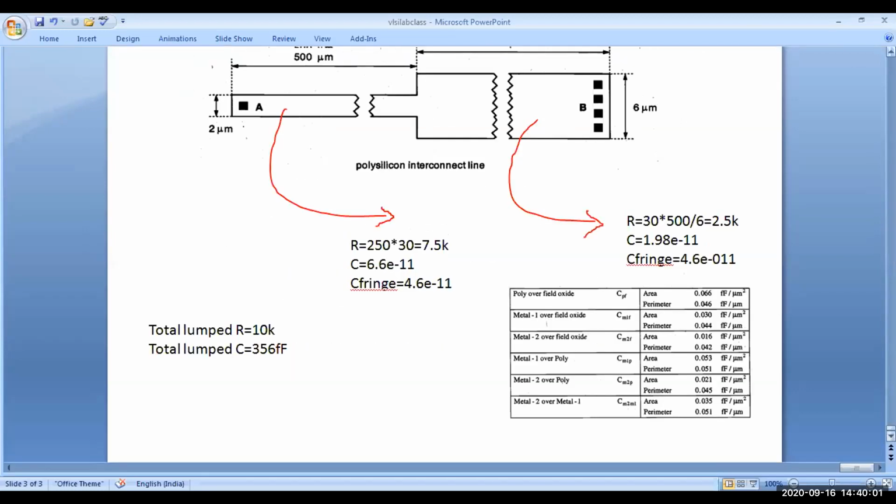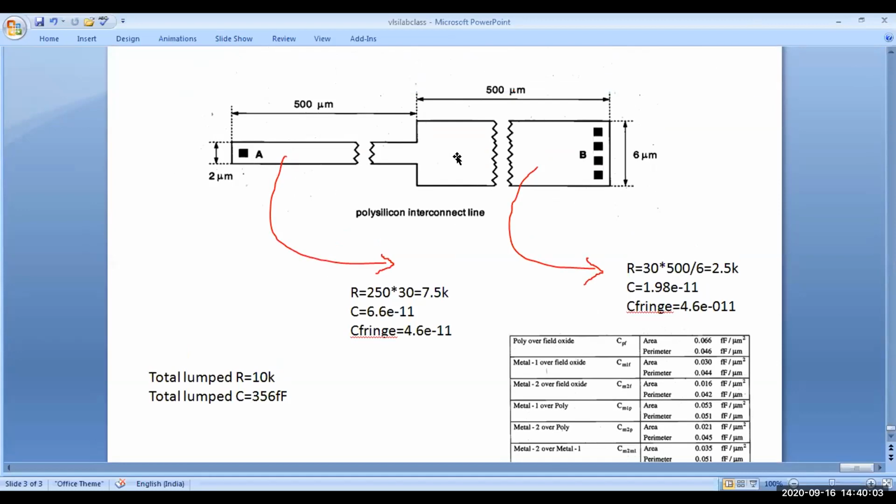This is A and this is B. What we have found is the propagation delay from A to B, and now we are going to find out the propagation delay from B to A. So what will be the circuit for that? First we will give a 5 R and C ladder network for this one, using these values, and then using these values. Now let's see what will be the difference in the propagation delay.